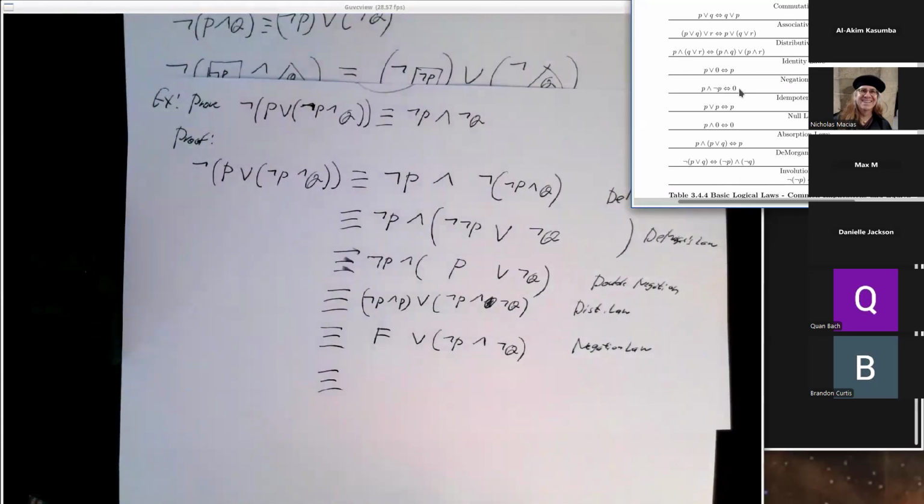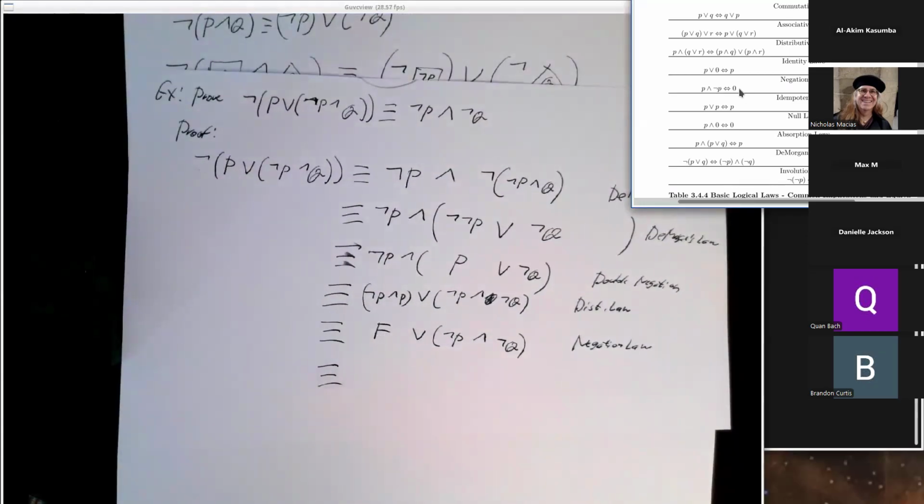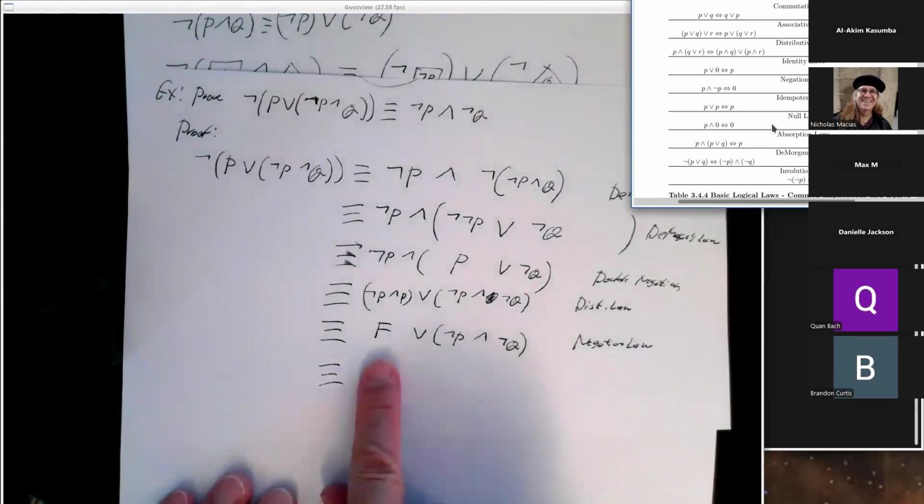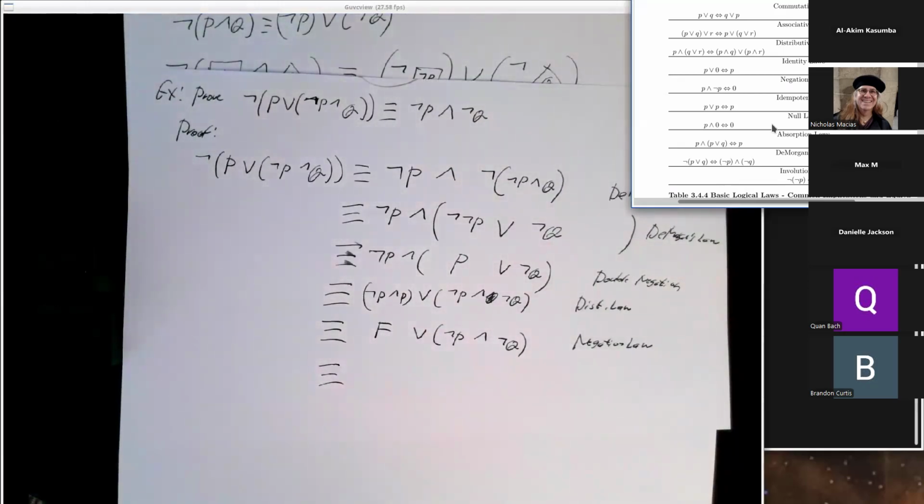All right. Now, our expression is getting simpler, so finding patterns may be a little easier. So what can I do with this expression? I can use the identity law, which says anything ORed with false is just equivalent to anything.